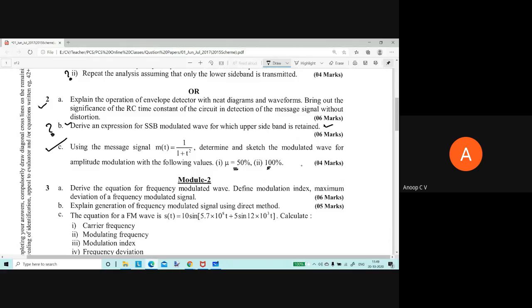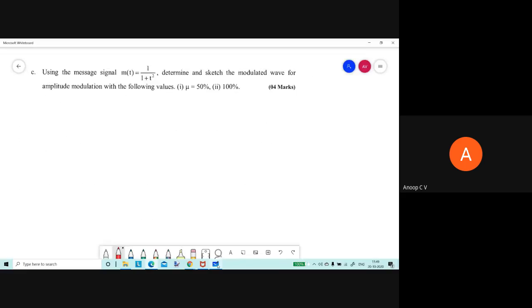Using the message signal m of t equal to 1 by 1 plus t square. Maybe you can give it a try.